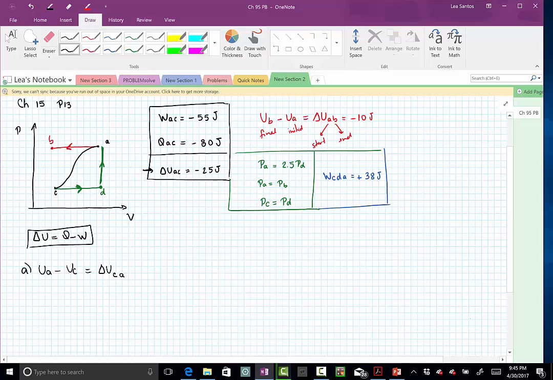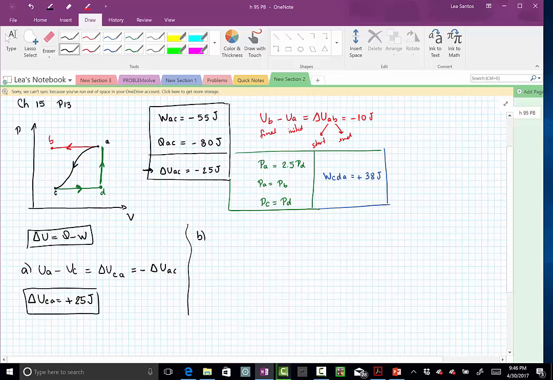We obtained the change in internal energy as we went from A to C. Now they're asking just the opposite: the change in internal energy for the inverse path, from C to A. Well, this is just minus the delta U AC. This is easy because we had already found delta U AC from the beginning, so we know that delta U CA is just plus 25 joules. So we are done with question A. Let's go for question B.